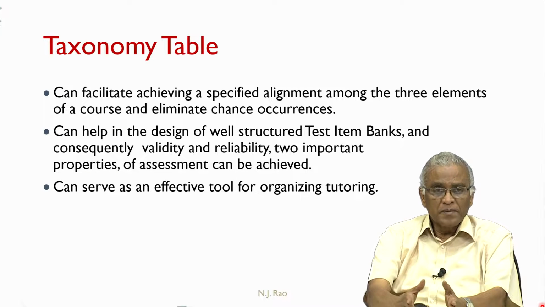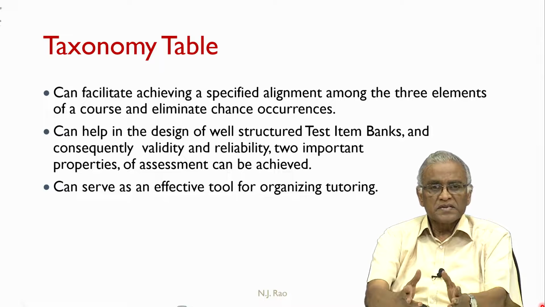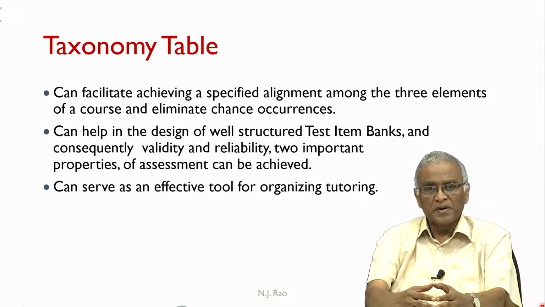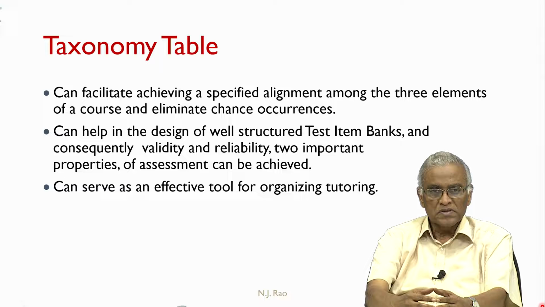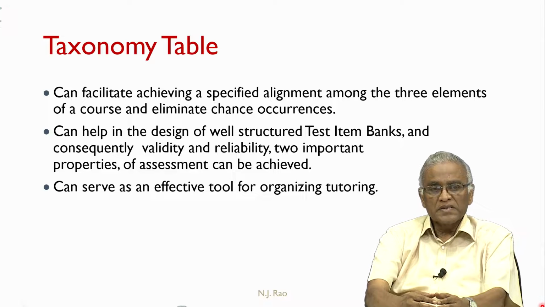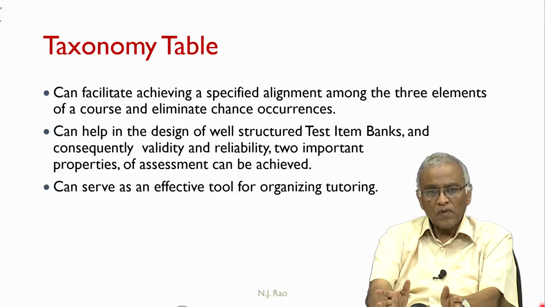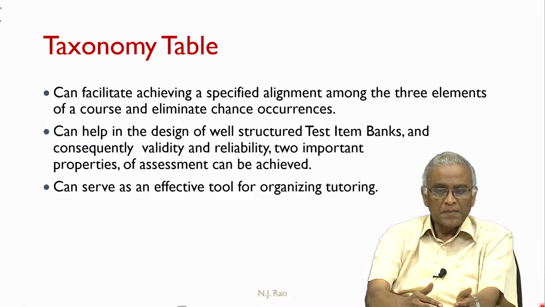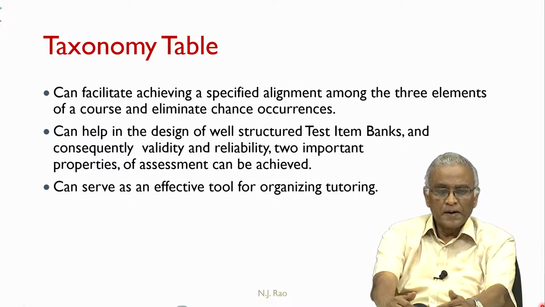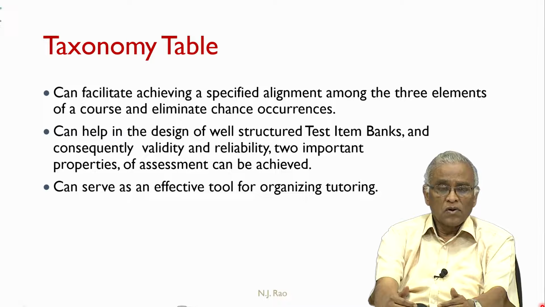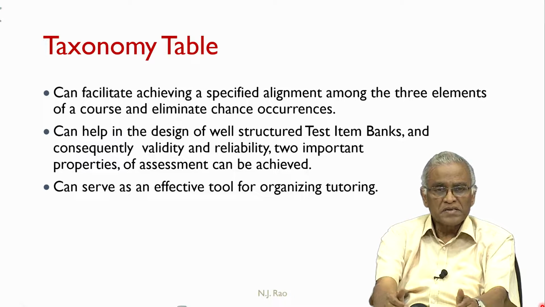It is a simple table, but it can facilitate achieving the specified alignment among the 3 elements of a course and eliminate chance occurrences, both in the university type of exam where you have affiliated institutions and even in the autonomous institution where the teacher is likely to design the assessment instrument.